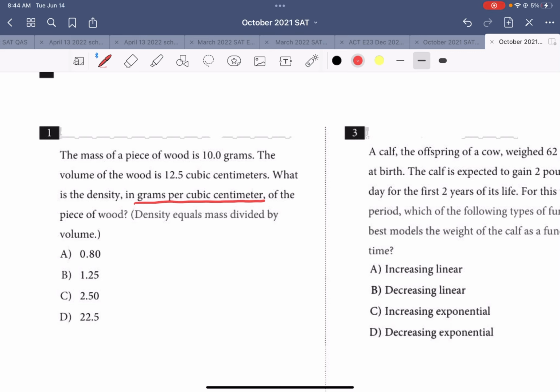So mass is 10 grams over volume is 12.5 cubic centimeters. So when you divide it, then it will be 0.8. Okay, so the answer is A.